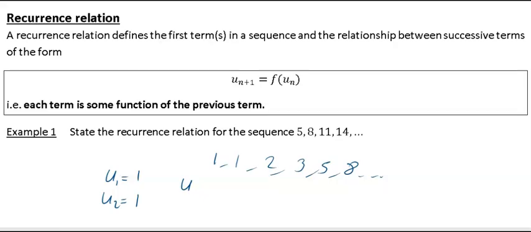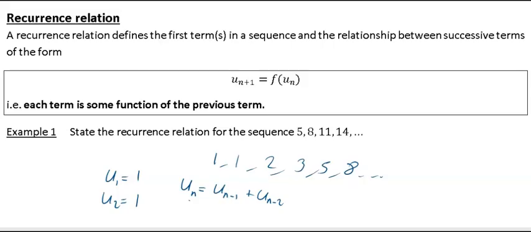So to get my un, I add my un minus 1. If this is my term, my un is the term that I'm looking for. It's equal to my previous term plus my term before that again, so un minus 2.